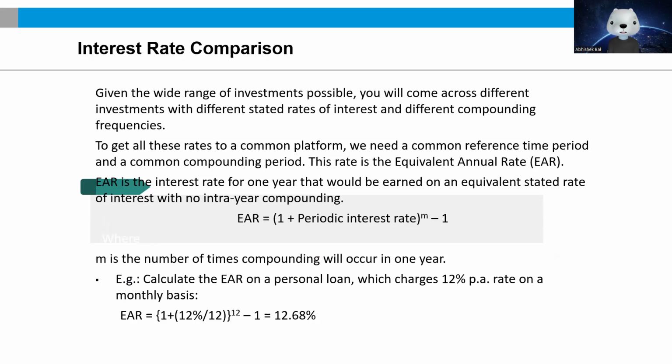All right. So what does it actually convey? Let's assume that we are talking about two separate investments. And these two separate investments pay me periodic interest, but one pays quarterly and another pays half yearly.